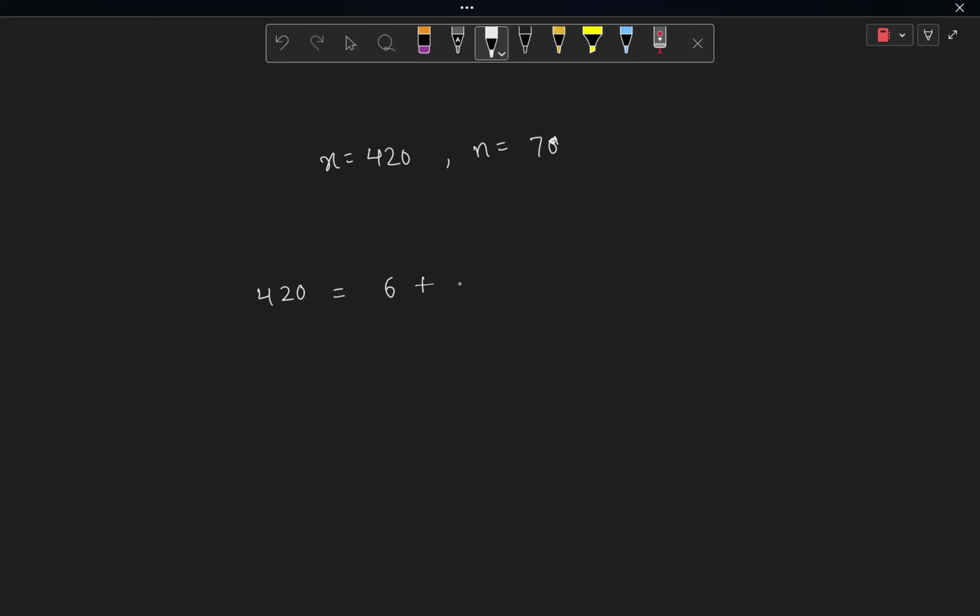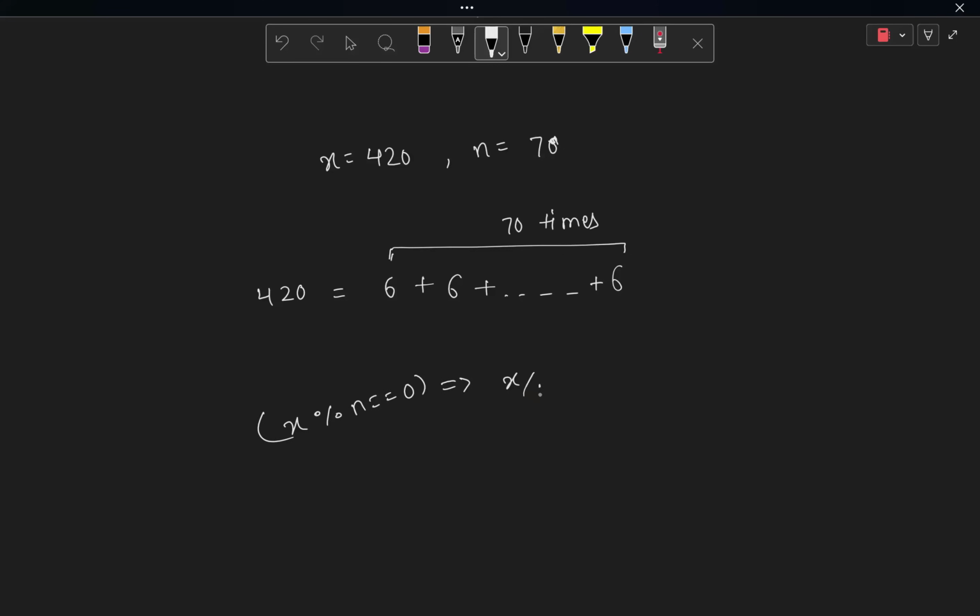So one of the things I can do here is just have 6 everywhere, 70 times. And this can be proved: when n divides x, for the case where x mod n is equal to 0, in that case, you can easily get x by n.